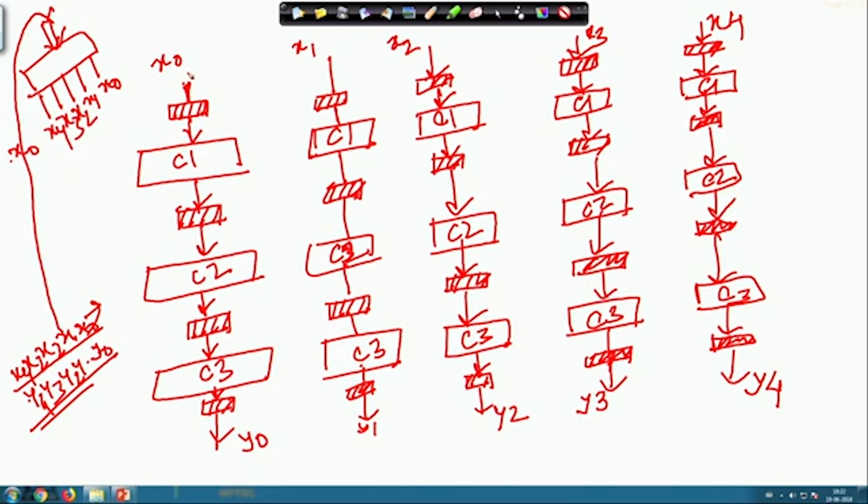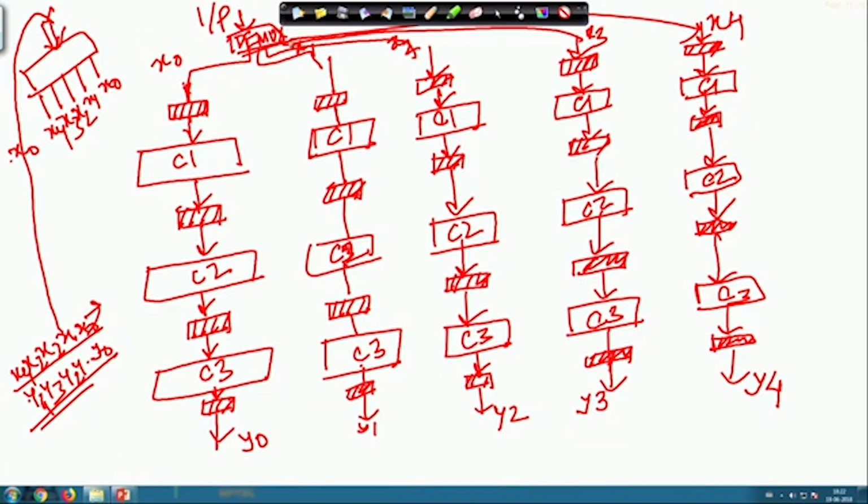Okay. So, that means now I need the demultiplexer block from where all this will be connected, and this is the demultiplexer block at the input side which I require.